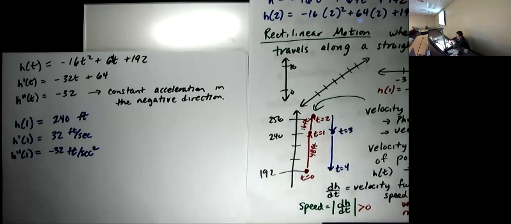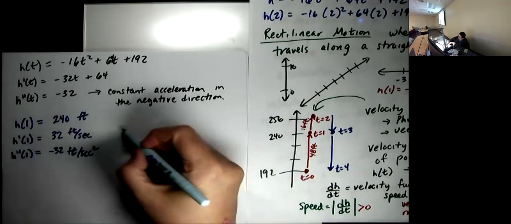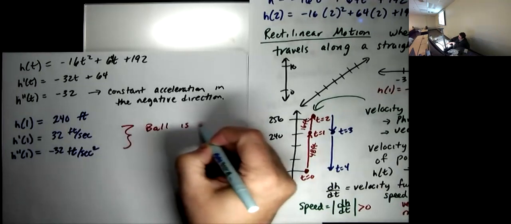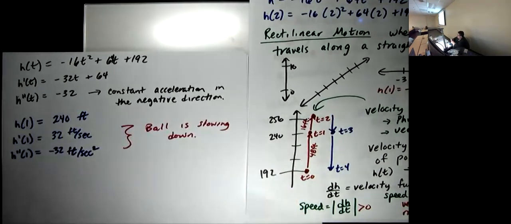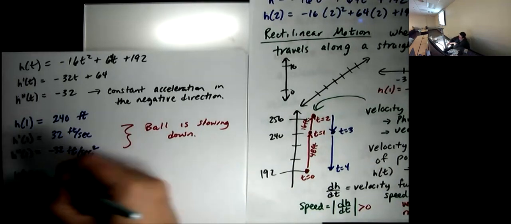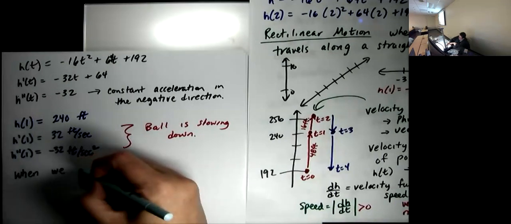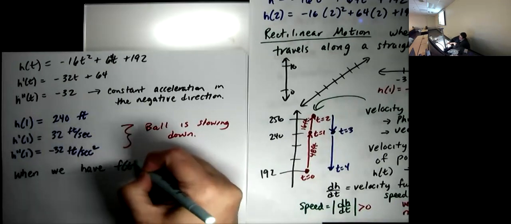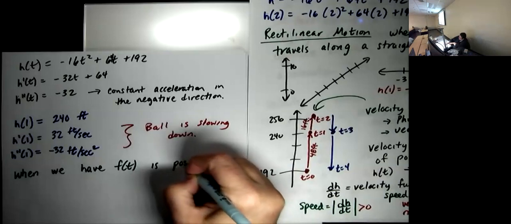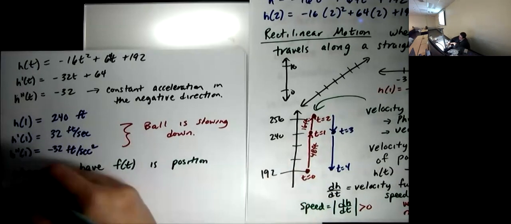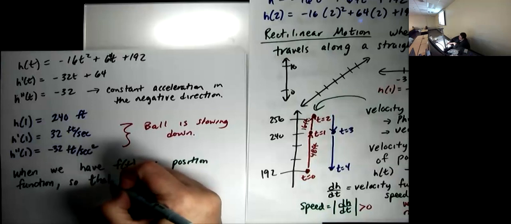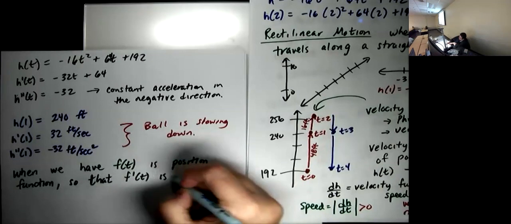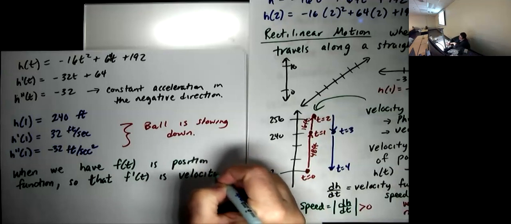And we saw pictorially, this is what happens when it's slowing down. The ball is slowing down. When we are talking about the position function, when we have f of t as a position function, f prime is velocity, and f double prime is acceleration.